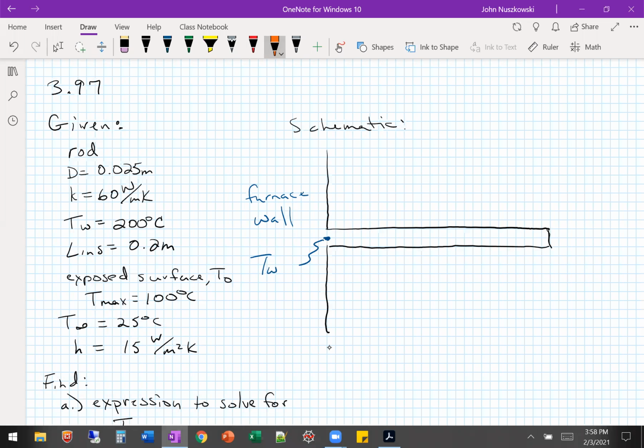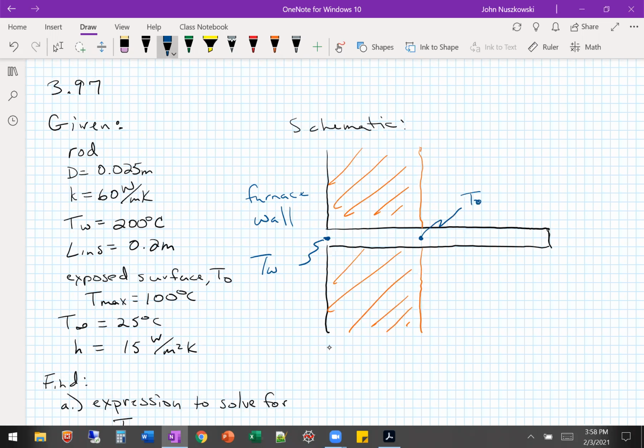And then we have insulation. And this is that TO point.